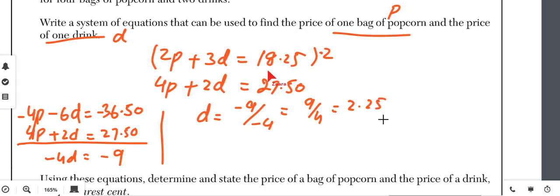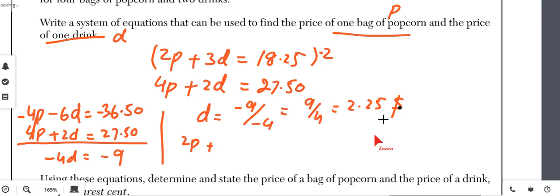Okay, so the cost of one drink is $2.25. Now let's use this value to find the cost of popcorn. I am substituting this value of d in the first equation that I was given.